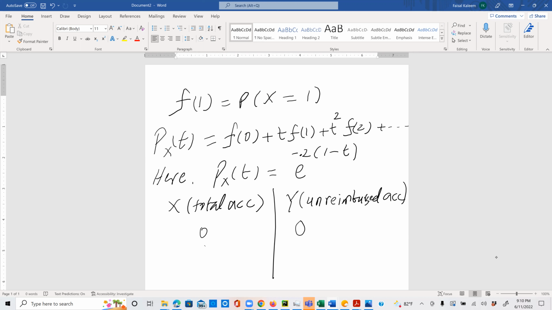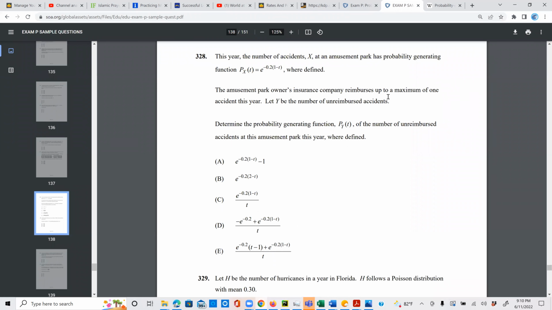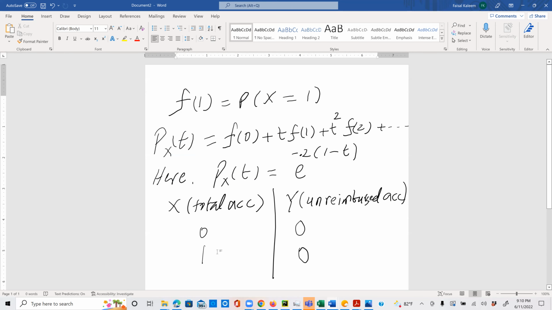There is nothing that goes without being reimbursed, because by default, we don't have anything to reimburse. If there is 1 accident, then again, we have 0 unreimbursed accidents, because 1 accident will be reimbursed. We are told that the owner of the insurance company will reimburse up to a maximum of 1 accident, which means if 1 accident happens, then that will be reimbursed.